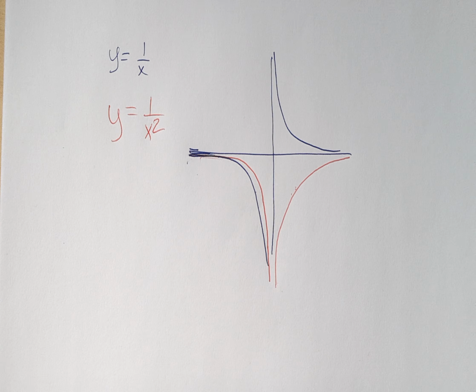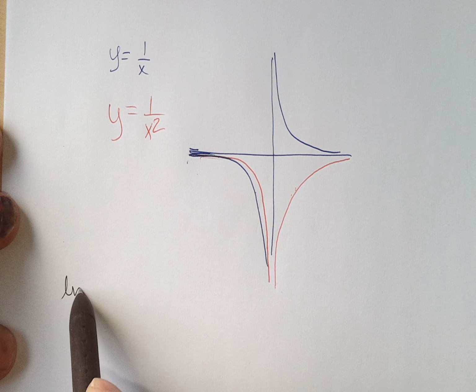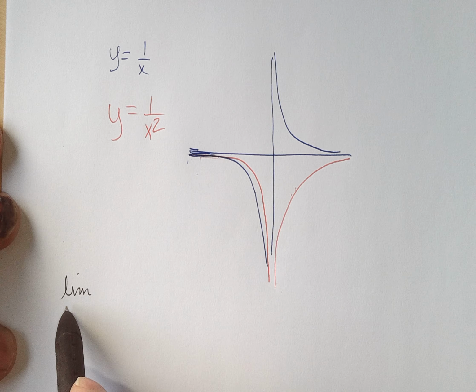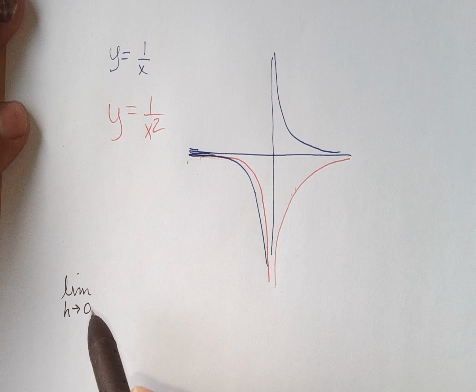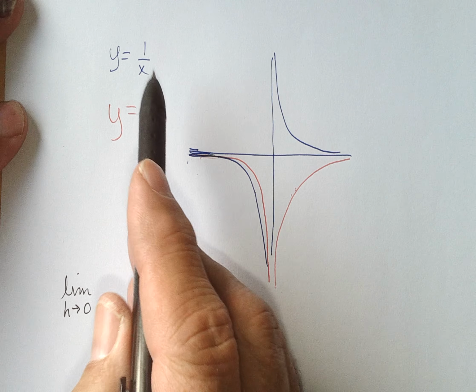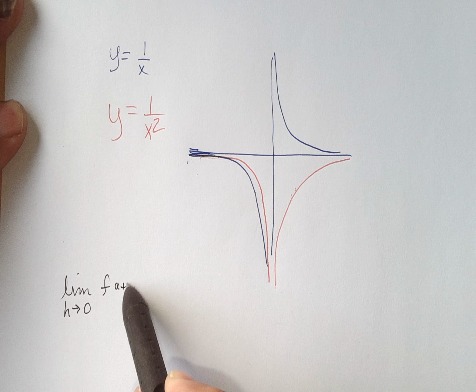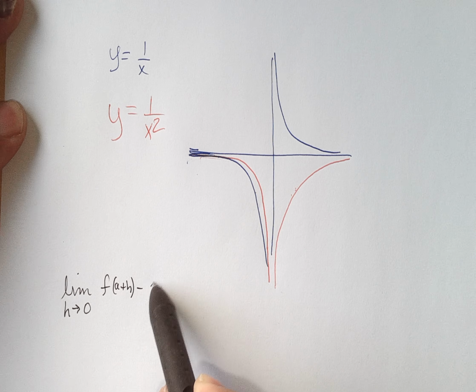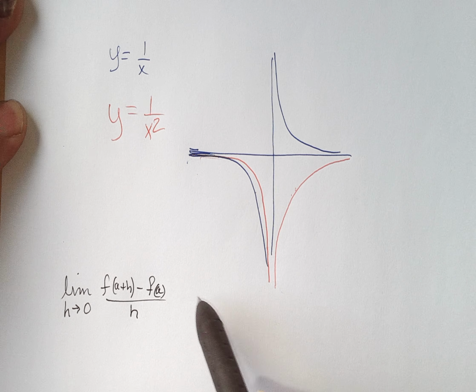So now let's go through the math to come up with it. So the limit formula is the limit as h goes to 0 of f of a plus h minus f of a, over h.